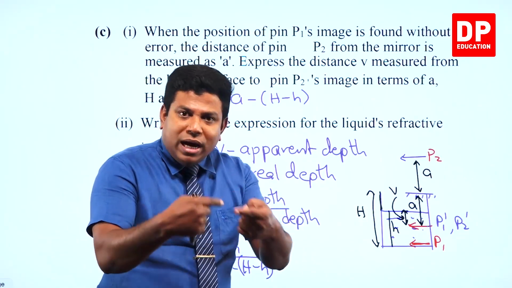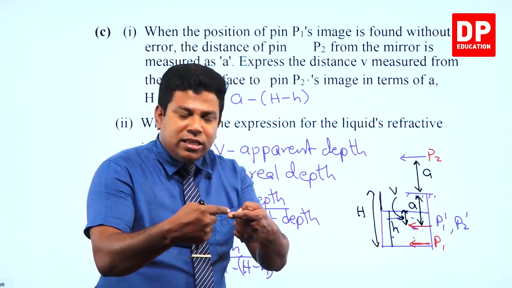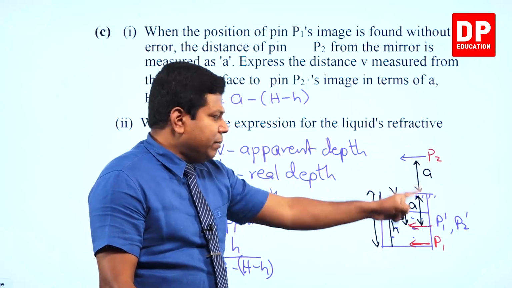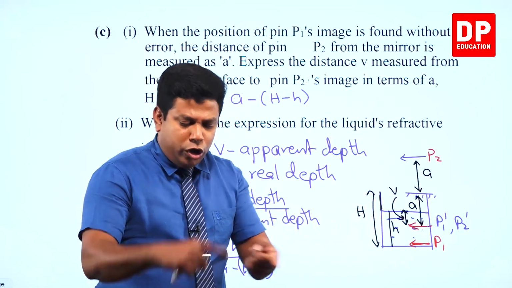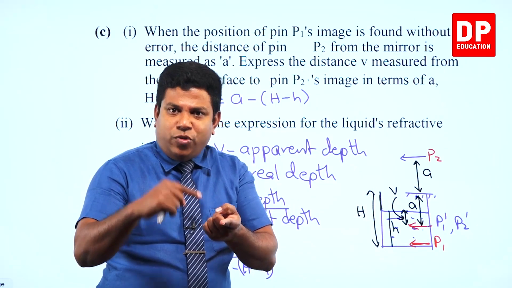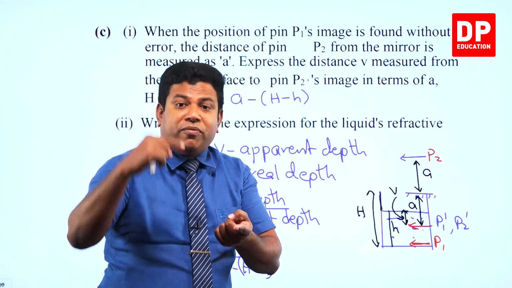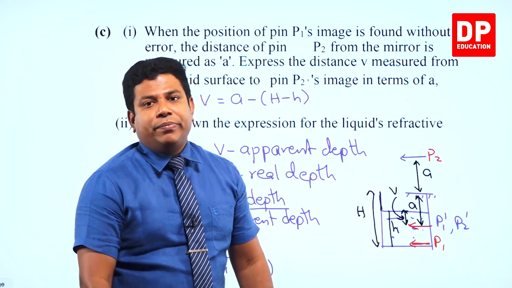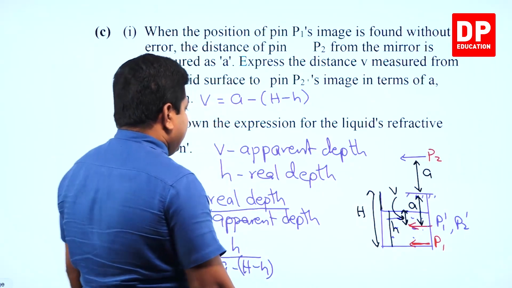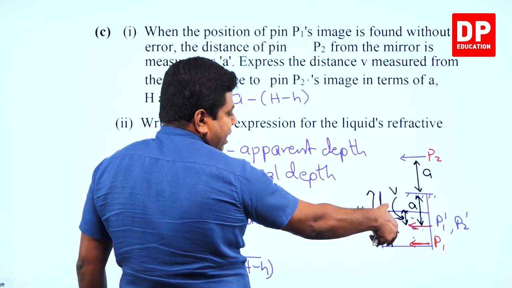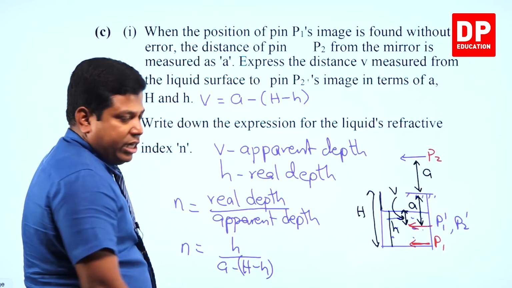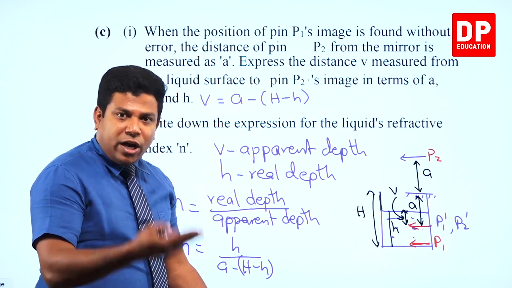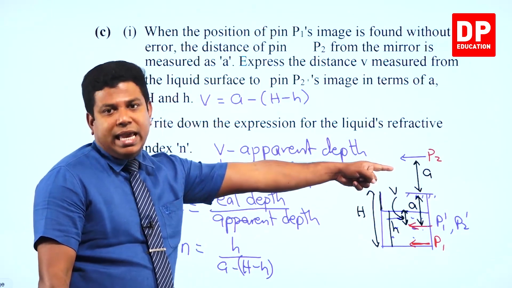So to align P2 and P1's images, you will have to adjust P2's position. The mirror's position doesn't change. On top of the beaker, you have fixed it. So the mirror is fixed. If P2 changes, A will change accordingly. So what will change here? You will change small h, the depth of water. Then when the depth of water changes, every time you will change A.